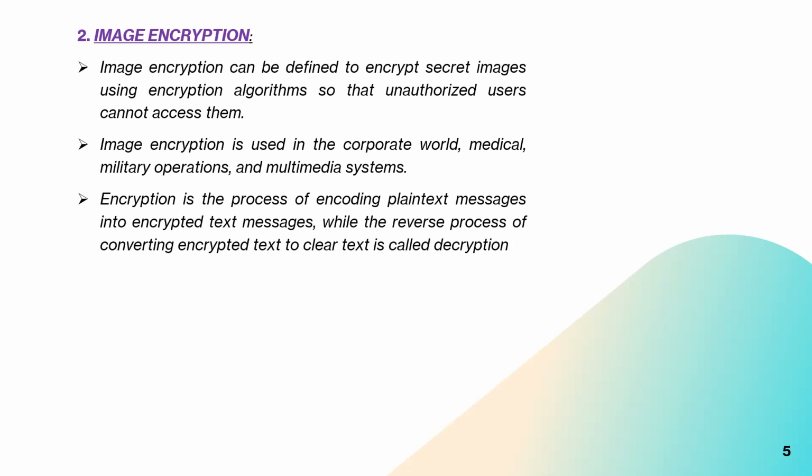Even in our day-to-day life, on WhatsApp, when we send messages to another person, we can see the text is encrypted. That is why encryption has become so useful in today's life. Decryption is totally the reverse of encryption.